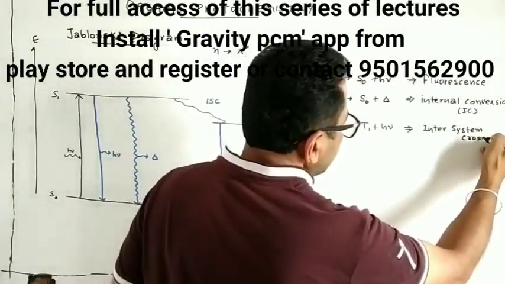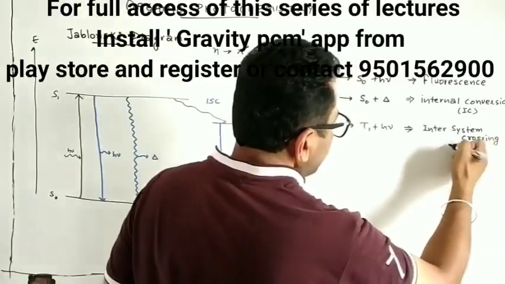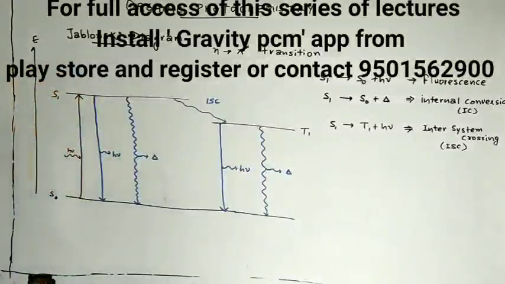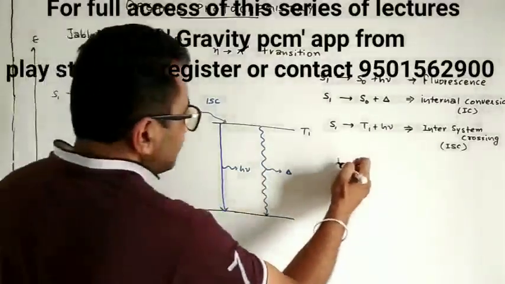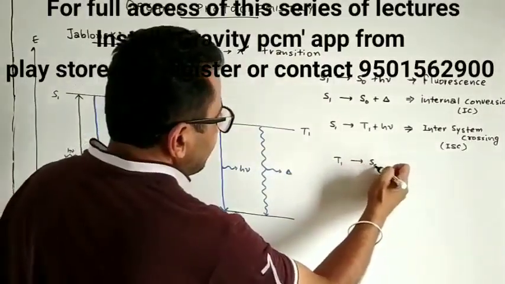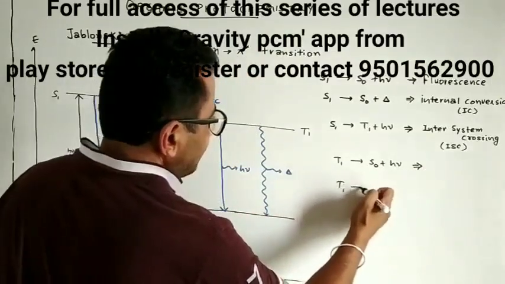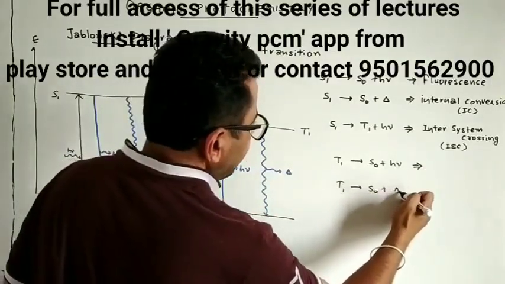System crossing, ISC. Okay. 2 more transitions are T1 to S0 by emitting light, and T1 to S0 by emitting heat.